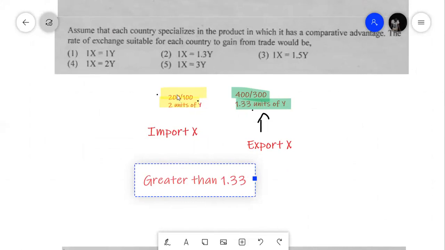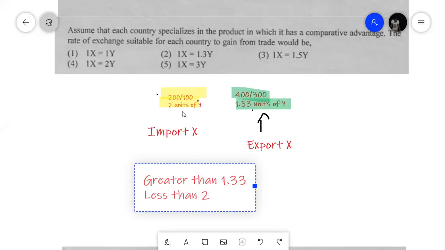In their country, for a unit of X, they have to give up 2 units of Y. So if they are to buy it from country B, at what price would they be willing to buy it? In their country itself, they are paying 2. So to buy it from the other country, they will expect it cheaper than 2, because in their country itself, they can give up 2 units of Y and buy a unit of X.